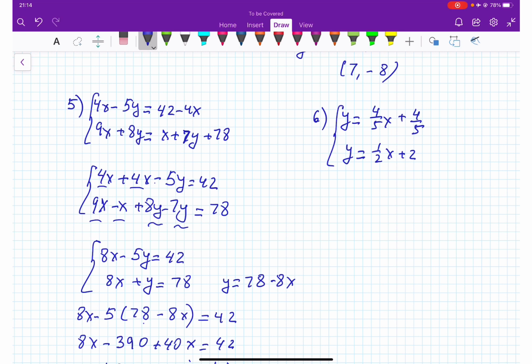Since both of them are equal to y, I can write down 4 over 5x plus 4 over 5 is equal to 1/2 x plus 2, because both of them are equal to y.